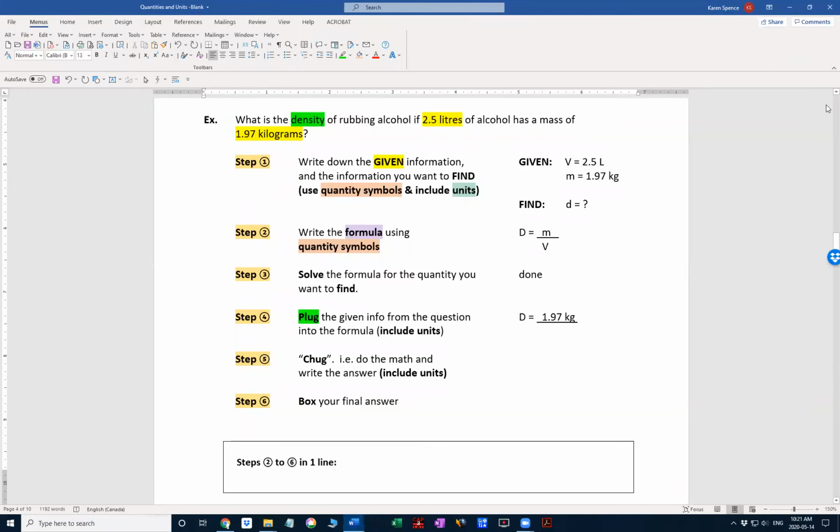So volume is 2.5 liters. And then we chug this into our calculator. This one I can't do in my head. So density is equal to 1.97 divided by 2.5 is 0.788. Can I leave my answer just like that, or am I missing something?